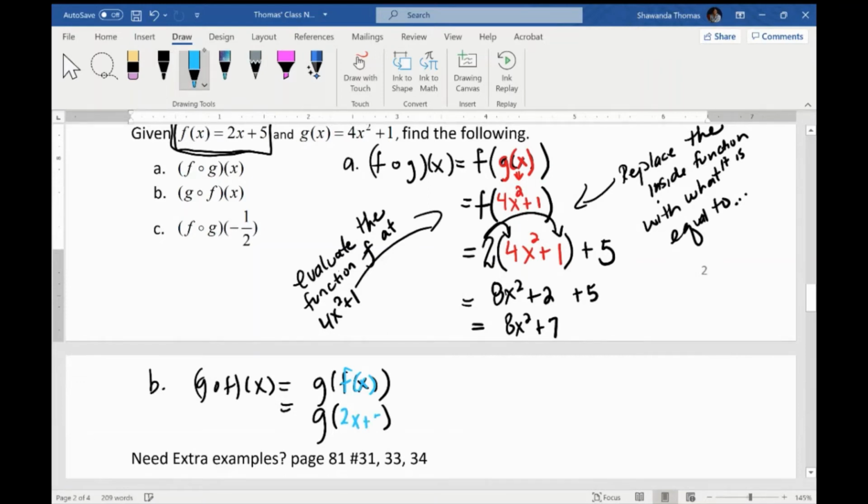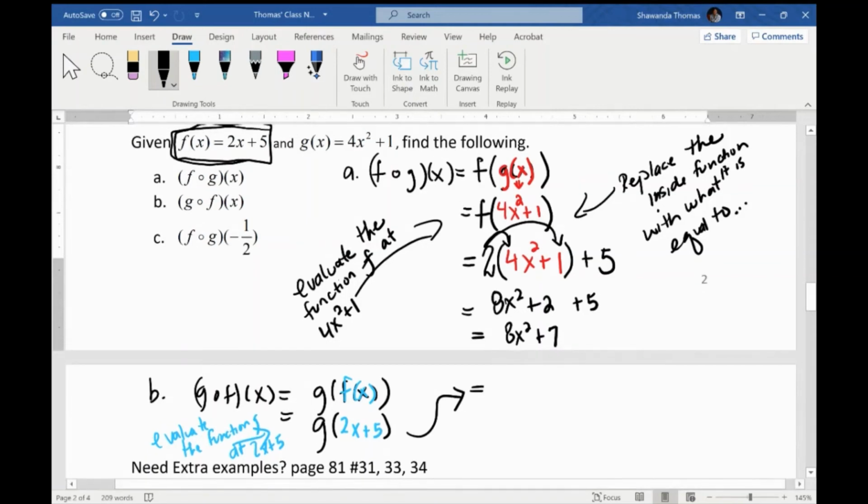Now this is saying evaluate the function g at 2x plus 5. What does it mean, somebody other than Kenneth? I want to make sure at least somebody else can understand. What are we doing with this 2x plus 5?